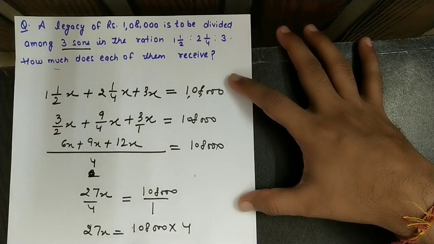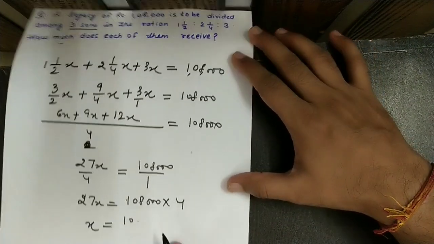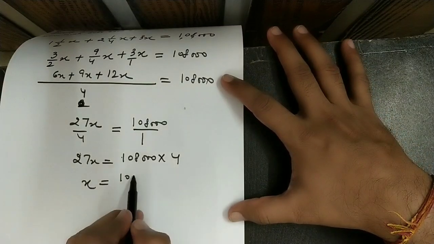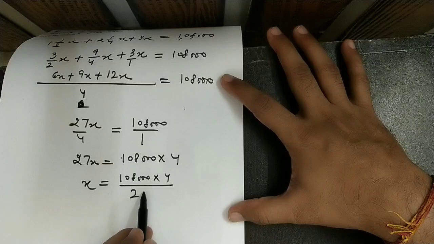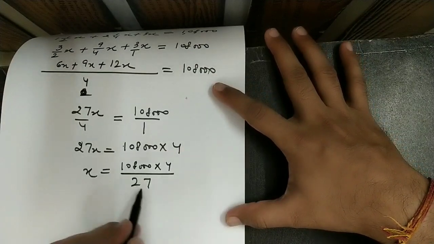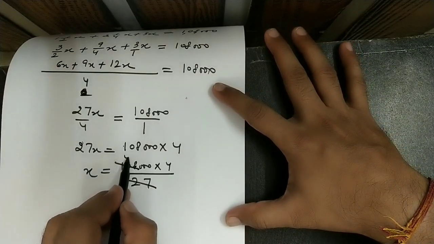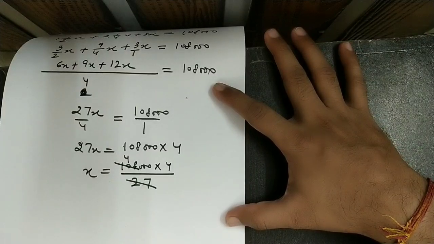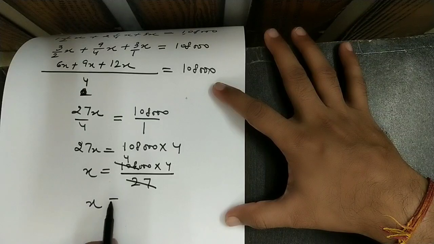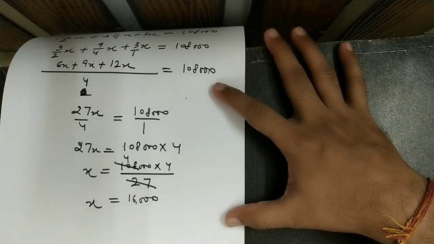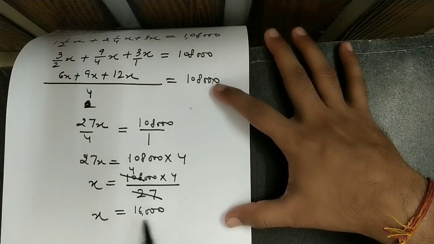So x equals 1,08,000 into 4 divided by 27. 27 fours are 108, so it's 4,000 into 4. The value of x is 16,000.